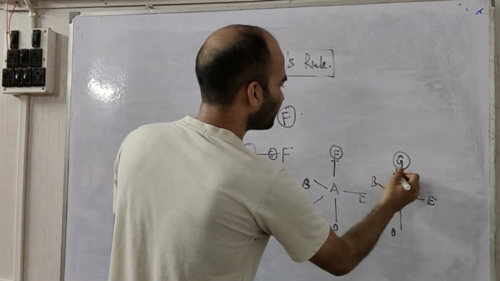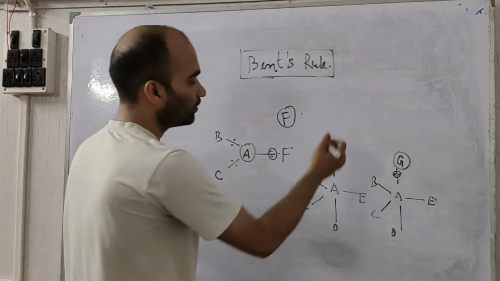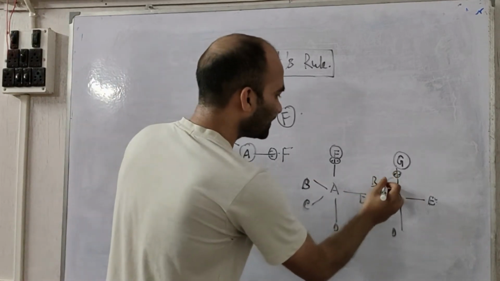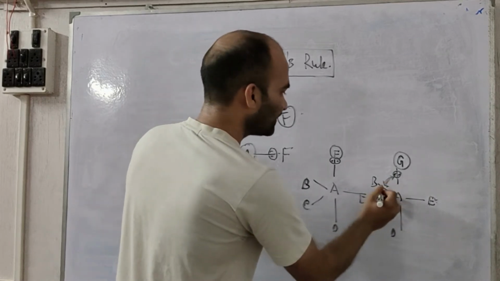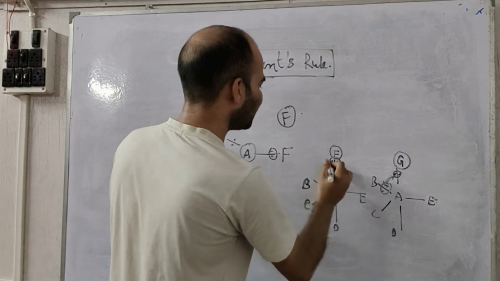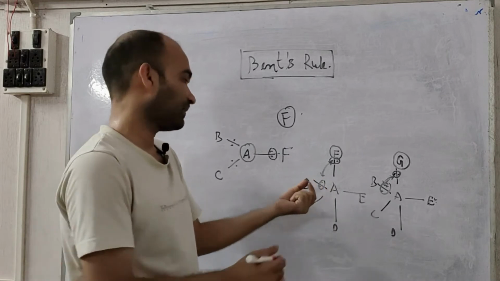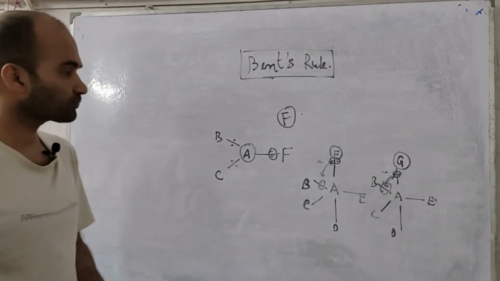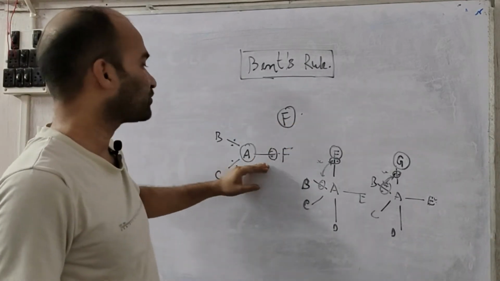So this bond pair will remain to this side and this bond pair will remain close to F. Now when it exerts the repulsion between bond pair and bond pair, these electrons will be closer to each other than these electrons. Thus there will be less electronic repulsion in this case than this one. This is the difference when an electronegative atom is attached to a central atom.